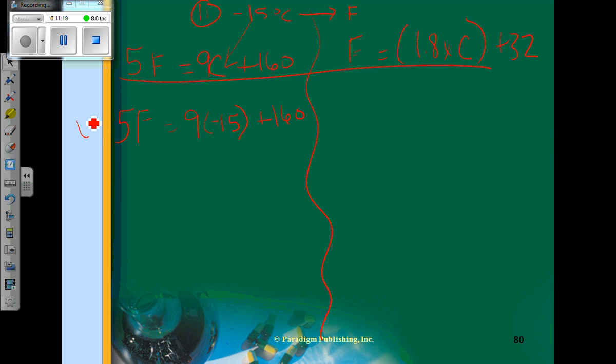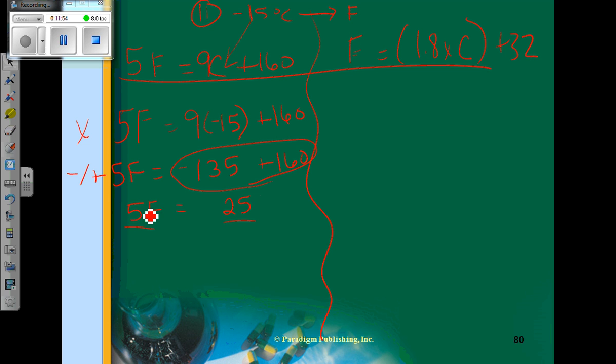Remember, you always multiply first. 9 times negative 15 is going to be negative 135, plus 160 equals 5F. Next you're going to either subtract or add, and that would be simple right here. Negative 135 plus 160, and you should come up with 25. So now you have 5F equals 25.